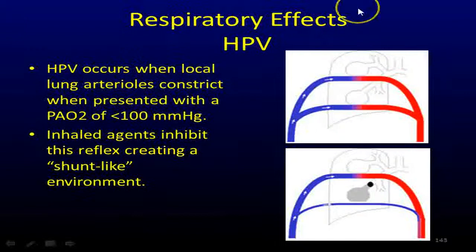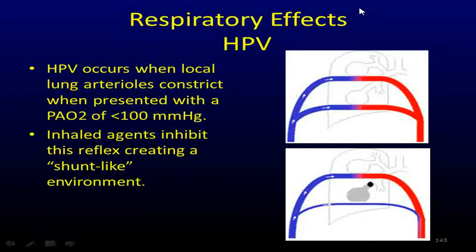All right, so what do you think your inhalational agents do to blood pressure? And in order to drop blood pressure, what do you have to do to vascular smooth muscle? It has to relax. Not just some vascular smooth muscle, but all of it. Are pulmonary vessels vascular smooth muscle? They sure are.